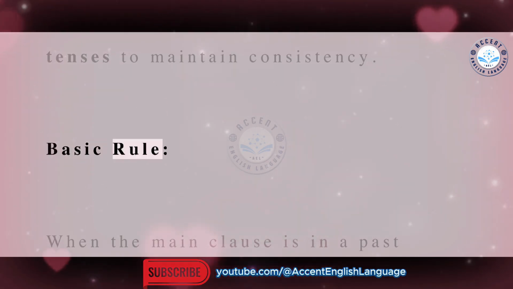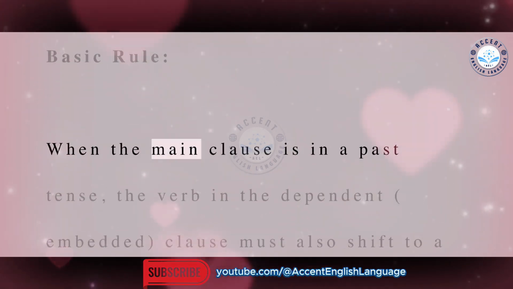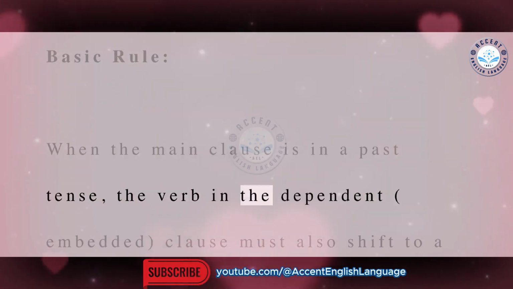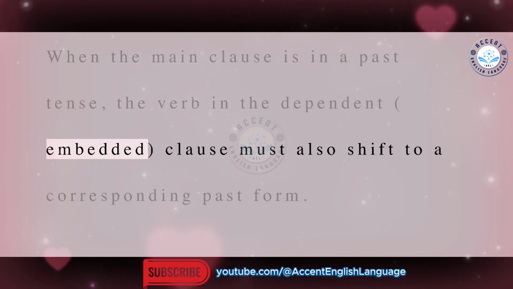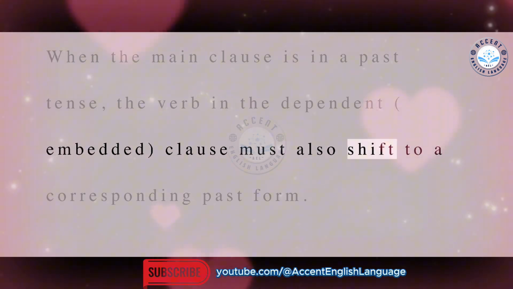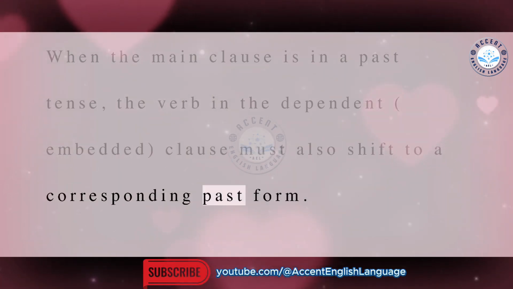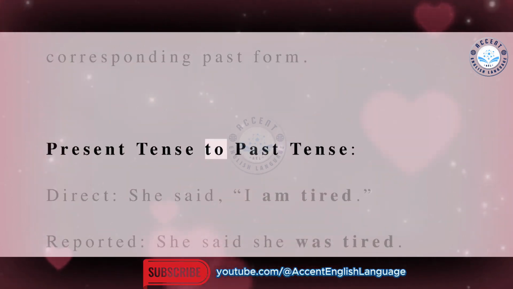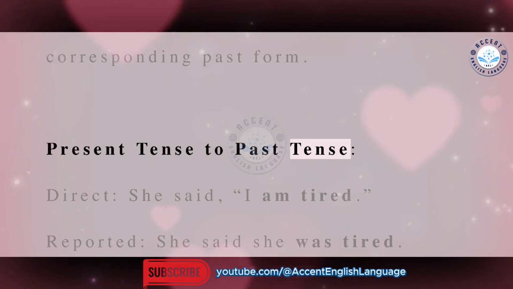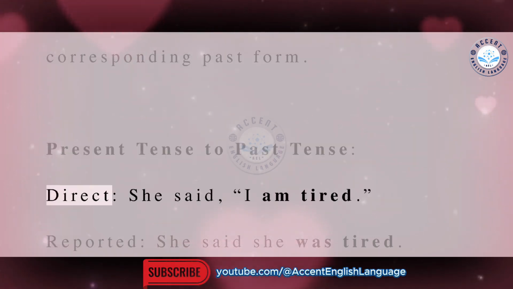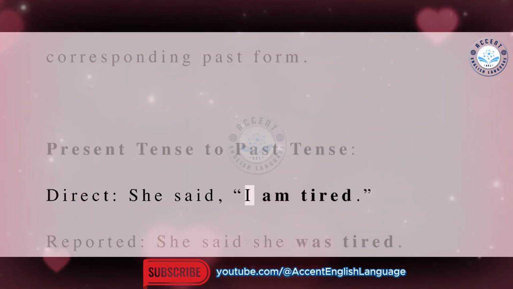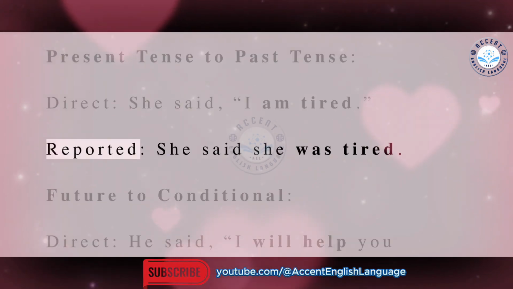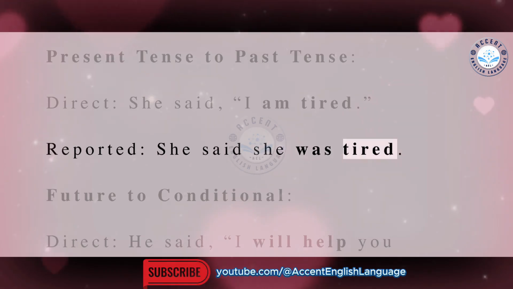Basic rule: when the main clause is in a past tense, the verb in the dependent, embedded clause must also shift to a corresponding past form. Present tense to past tense. Direct: she said, "I am tired." Reported: she said she was tired.